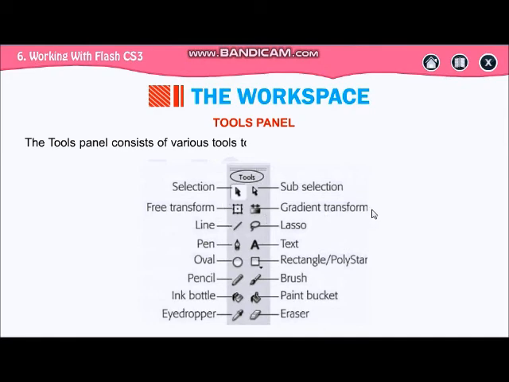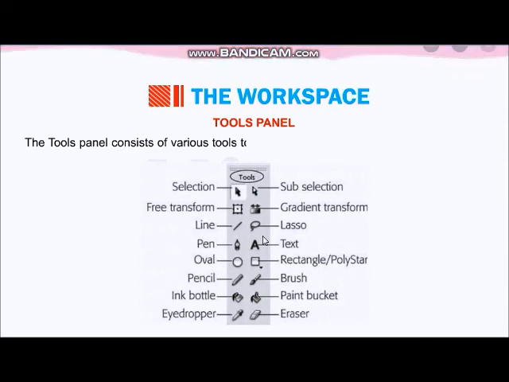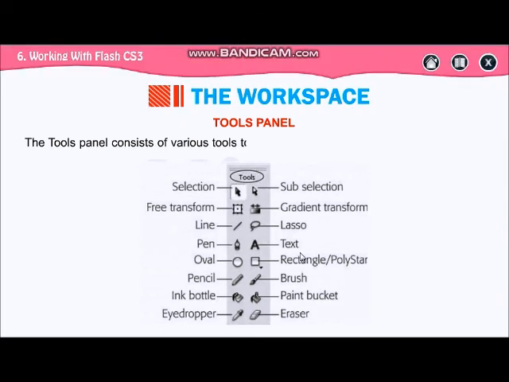Then gradient transform. Gradient is generally referred to as shading. Then line tool, lasso tool for selecting irregular object shapes, the shapes which are not regular. Then pen tool is used to draw the path of your animation. Then the text tool is there if you want to write something. Oval tool, then rectangle tool, polystar, pencil, brush, ink bottle, paint bucket.